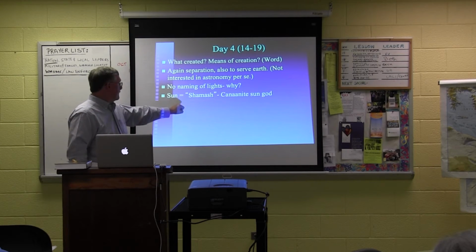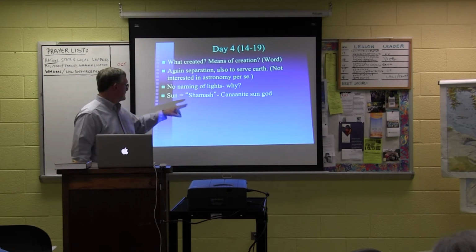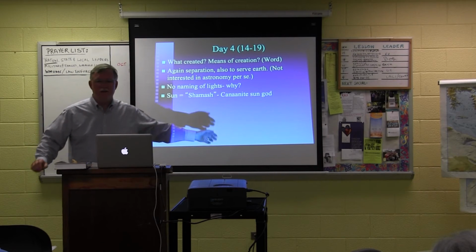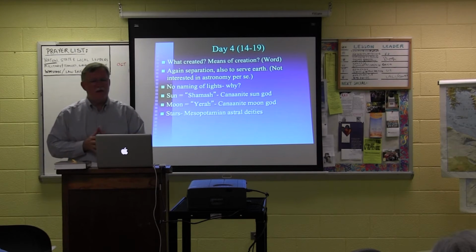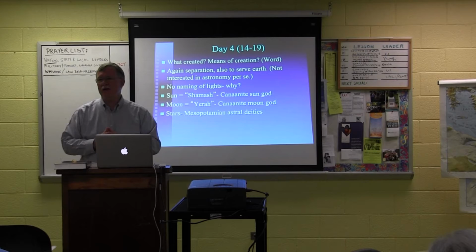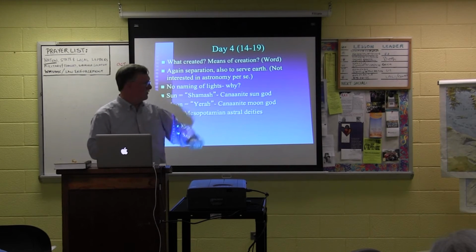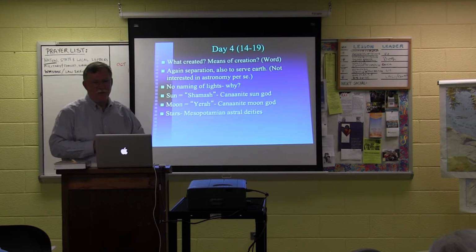The Canaanite word for the sun god is the same as the Hebrew word for sun, shamash. And there's also a moon god called Yerach. And the stars were Mesopotamian deities. Mesopotamia is over there; we have a map.